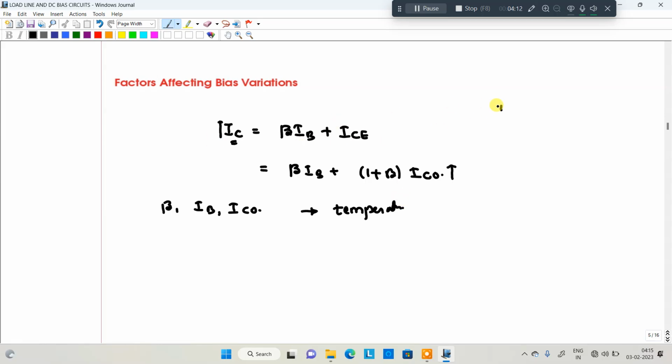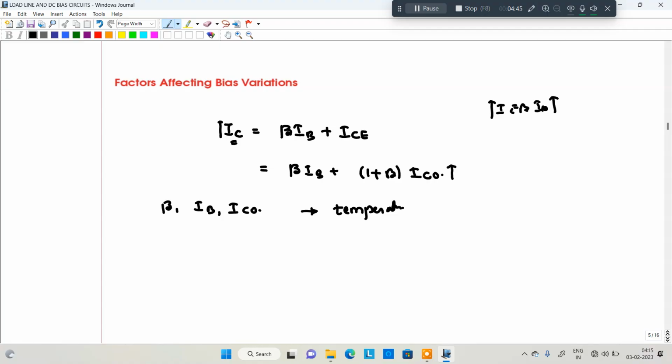You know that IC is equal to beta into IB, so IC increases and IB increases. If IB increases, the result again affects IC. Whenever power, that is heat, is generated again, that heat again increases IC. That is regeneration. I explained the thermal runaway concept in lecture number 1, so I don't want to repeat it in depth. These are the effects. So how do we overcome it?